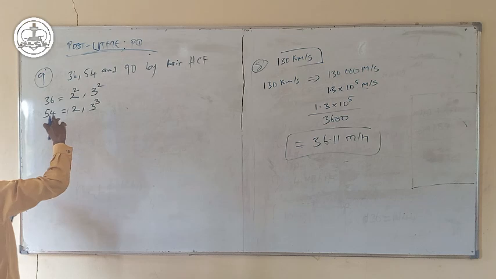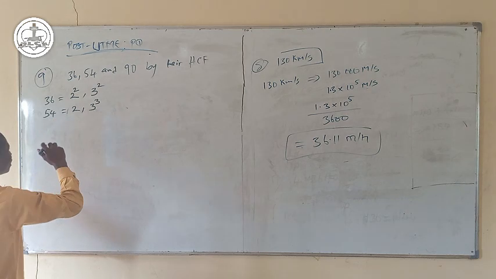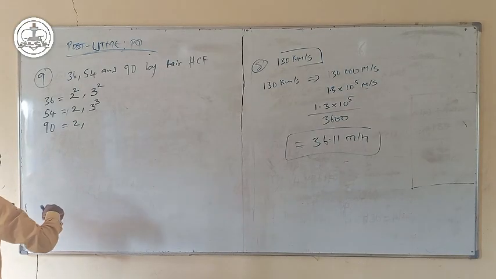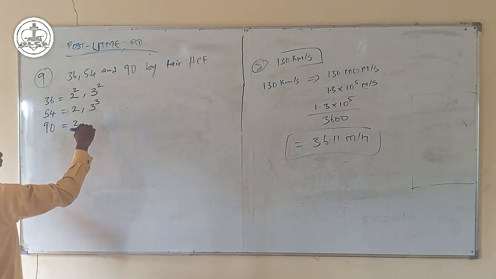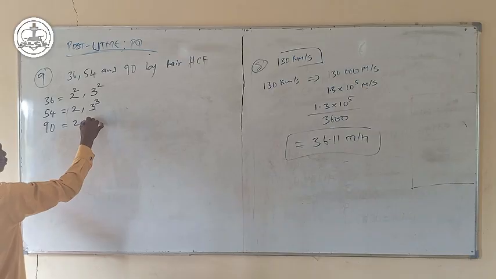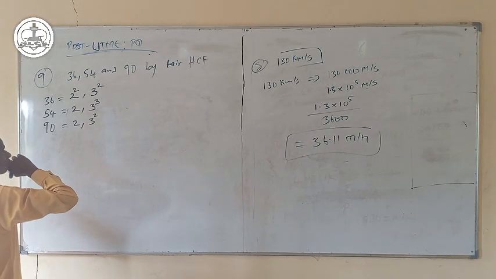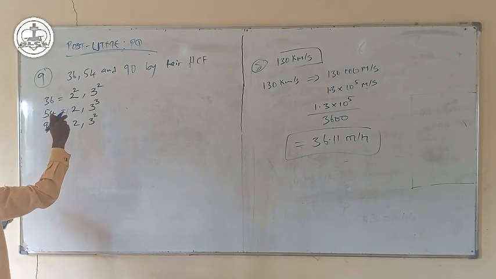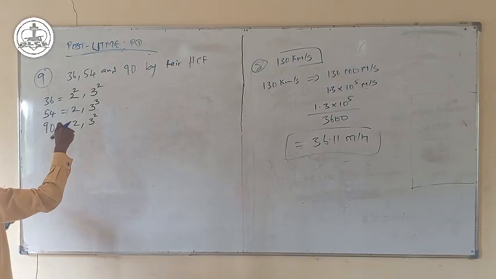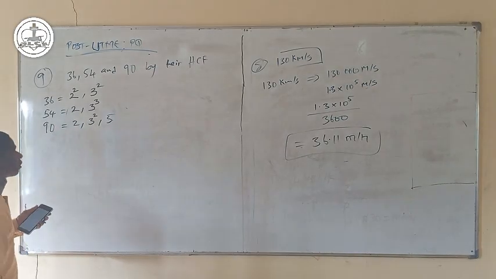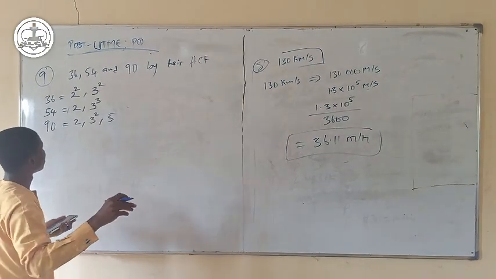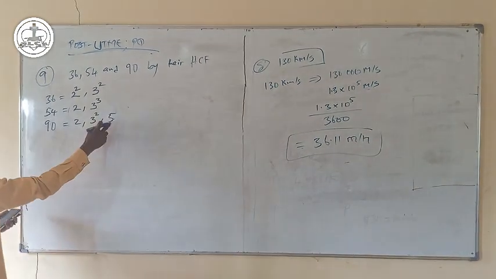And for our 90, we have 2 to go, and 3 to go. That's, we have 45. 3 for 45, 15. 3, we have 5, and we have 5 here.